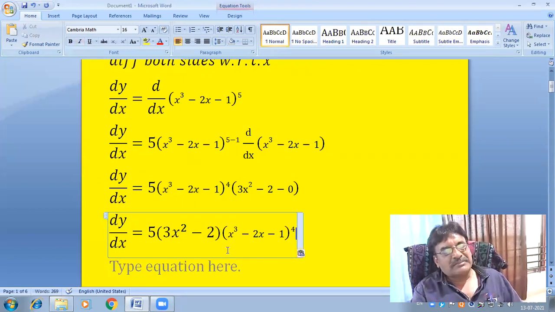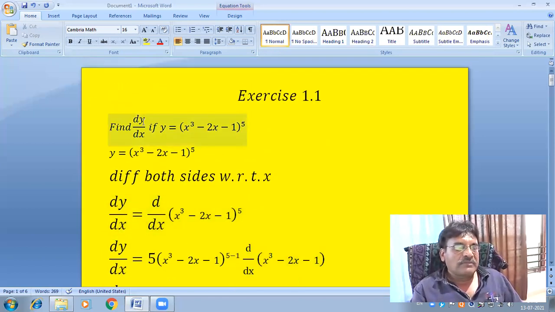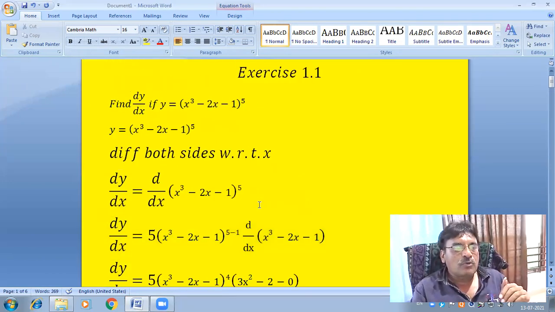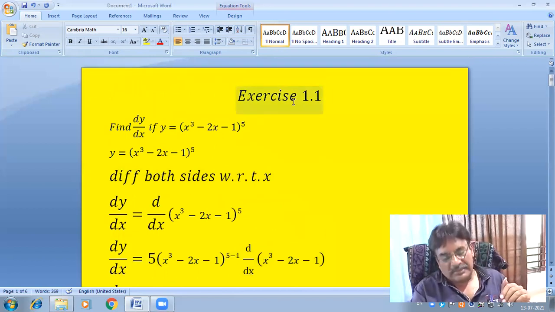And this is the required derivative of the given function. Here we found dy by dx if y is equal to (x cube minus 2x minus 1) to the power 5, and the derivative of this function is 5 (3x square minus 2)(x cube minus 2x minus 1) to the power 4. In this way we solve the first problem.